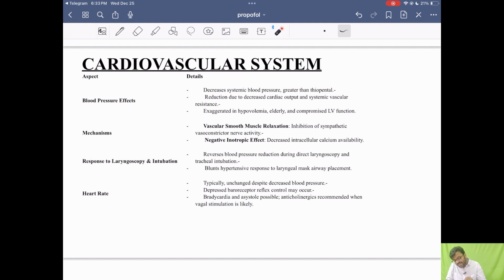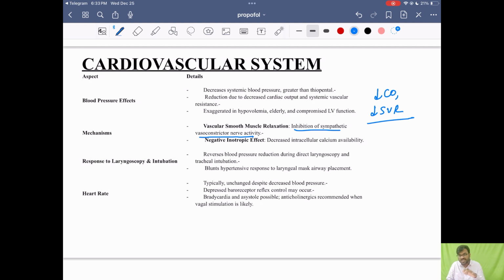Why do these things happen? Why is there decreased cardiac output? Why is the SVR decreased? These two things are decreased. Why? One, there is inhibition of sympathetic vasoconstrictor nerve activity. The vasoconstriction is lost, so all the vessels are dilated. So the resistance for the left ventricle is reduced.